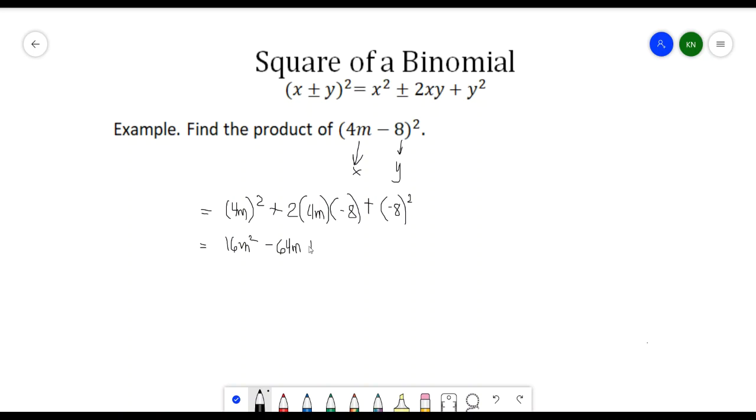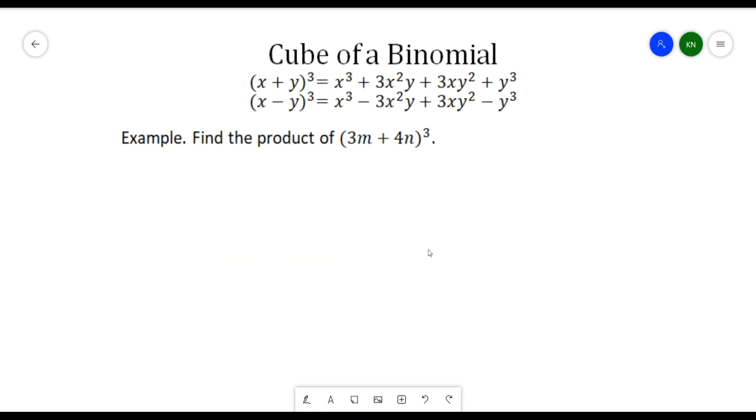Now, as you can see, it already conforms with the form x squared minus 2xy plus y squared, because our given equation here is negative. So we also need to follow the negative sign. So we have x squared, which is this one, minus our 2xy, which is this, and plus the positive y squared. So this is already our answer.